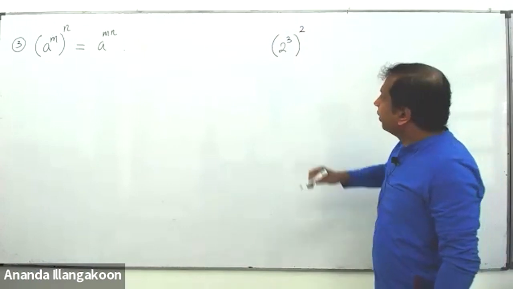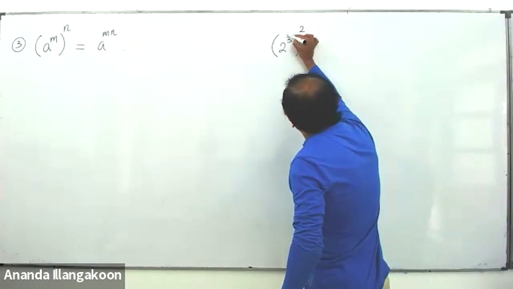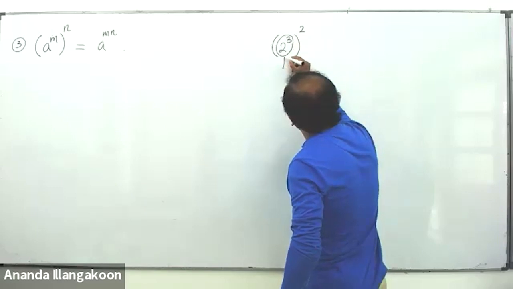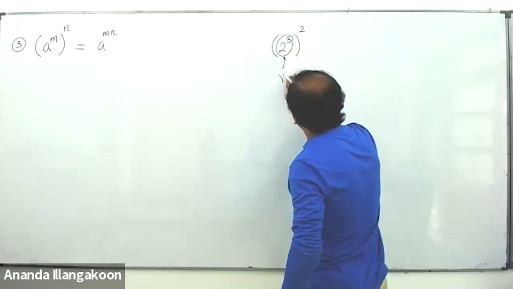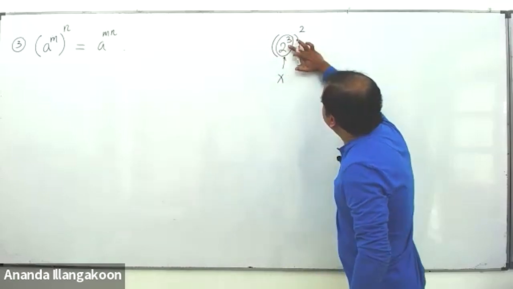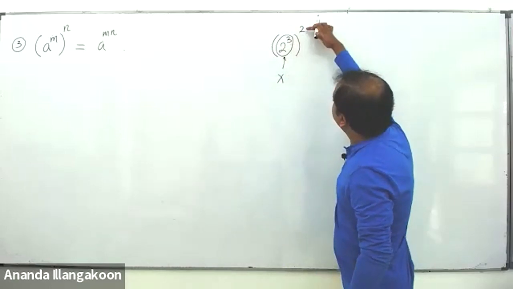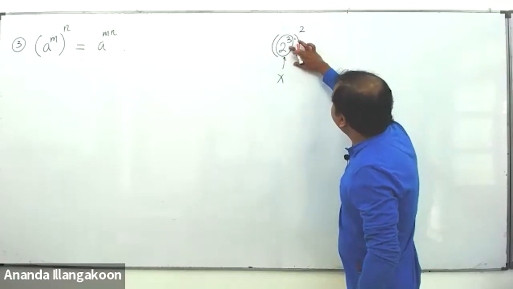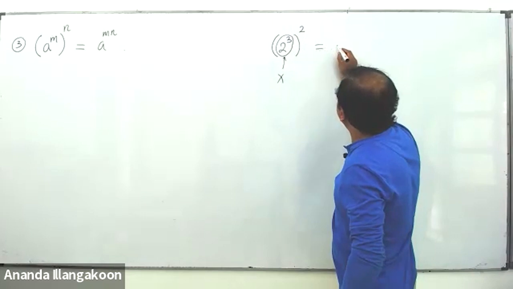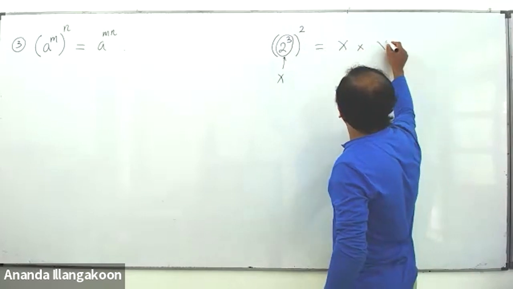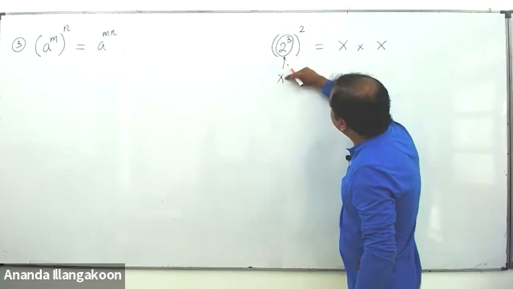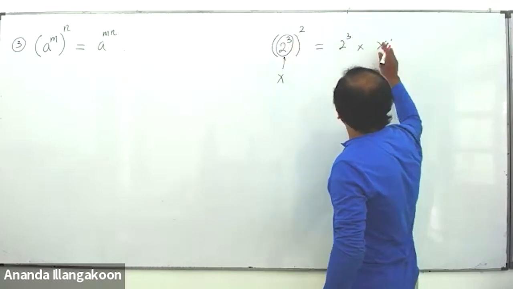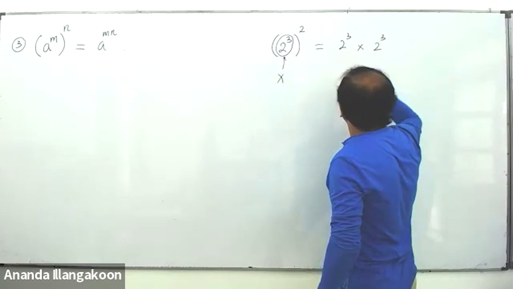Now for a while, assume this 2 to the power 3 as your capital X. Then really here we have x squared only. If this is x, since here we have x squared, how to write x multiplied by x? But what is our x? 2 to the power 3. Therefore, this should be 2 to the power 3. This should also be 2 to the power 3.